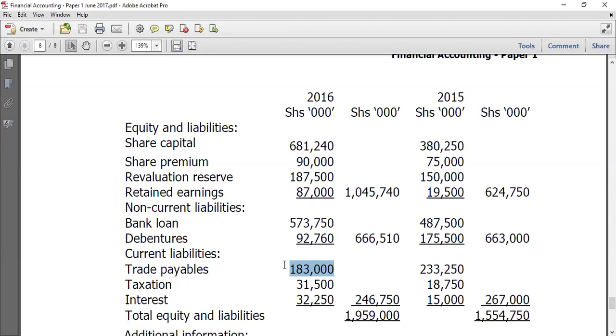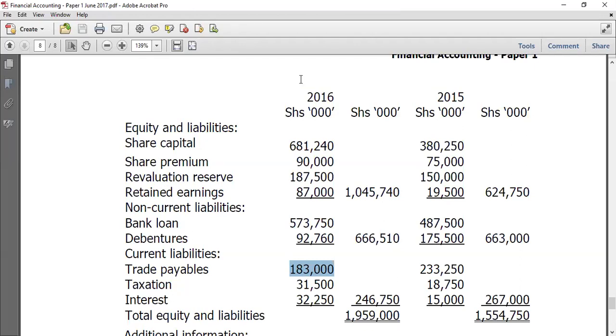So it means that we actually paid more money during the period to drive our balance from 233 to 183, okay? So that difference is coming in as a reduction, which is a cash outflow, okay? So you're able to put that as more of a negative.